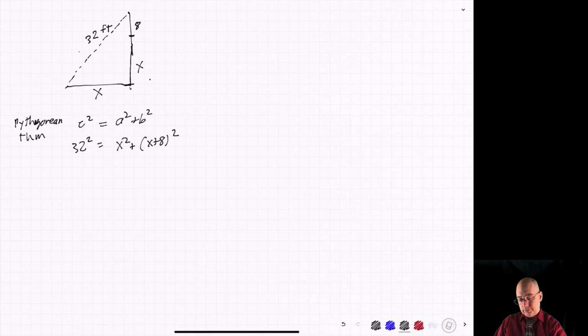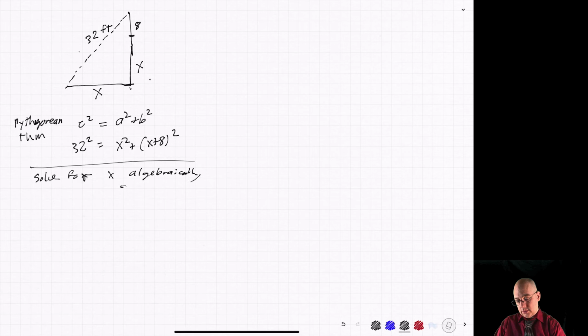So what can we do? We can try to solve for x algebraically, graphically, maybe try the quadratic formula, sort of the algebraic approach, and then also play with triangles.